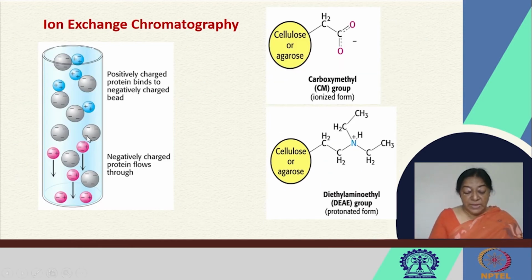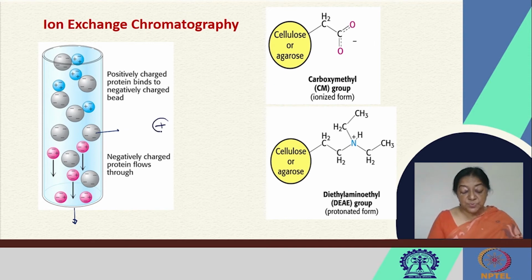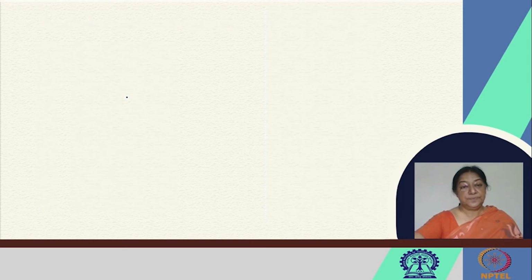So if we have negatively charged beads, as is seen in this case, any protein that is negatively charged would not bind to the column but would appear, as it is called, in the flow through. But if our resin is negatively charged, we would expect the positively charged proteins to bind to the negatively charged beads.